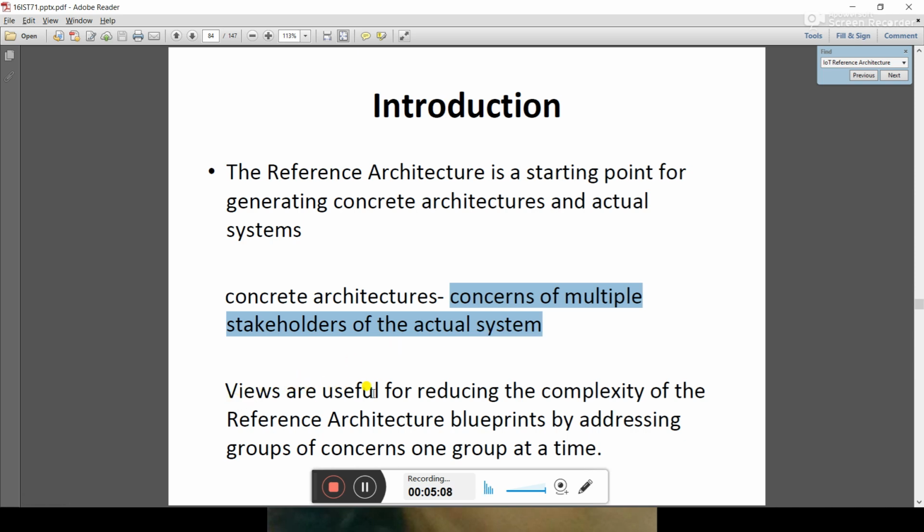Next, views are useful for reducing the complexity of the reference architecture blueprints by addressing groups of concerns, one group at a time. Because IoT has a wide architecture and it is very hard to understand, people provide blueprints addressing the actual things and actual models of the IoT architecture.